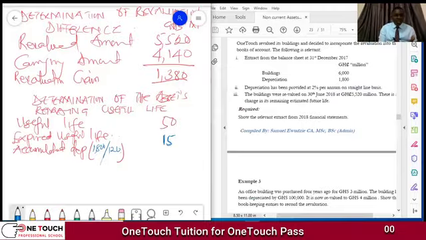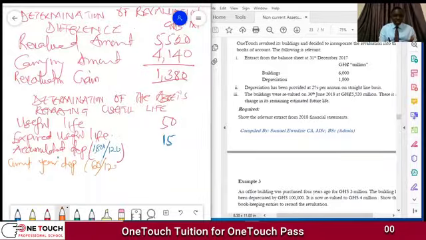Good. Now we charge the current year depreciation, which is 60.